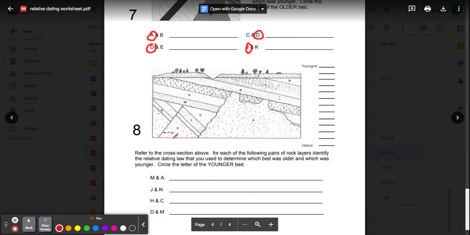So the oldest layer is going to be this E right here, right? Because H is pointing to the line, so we got to put E over here.